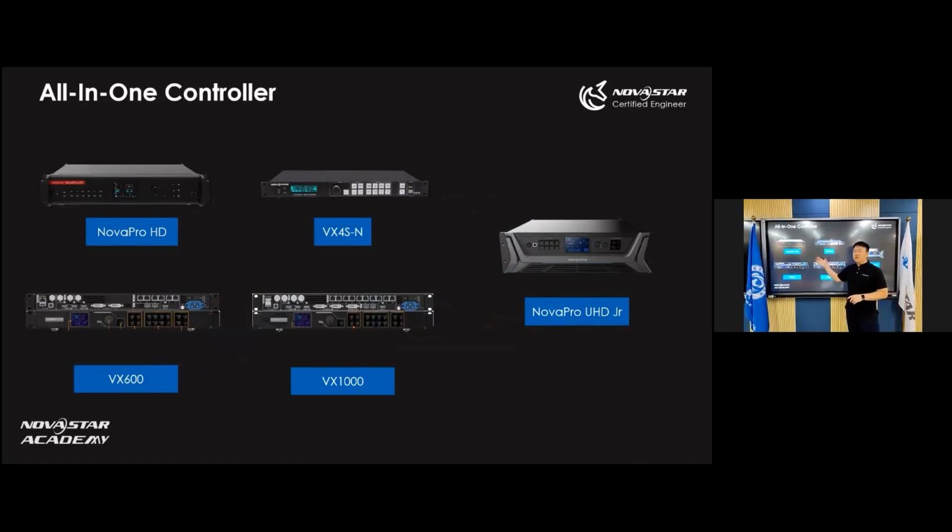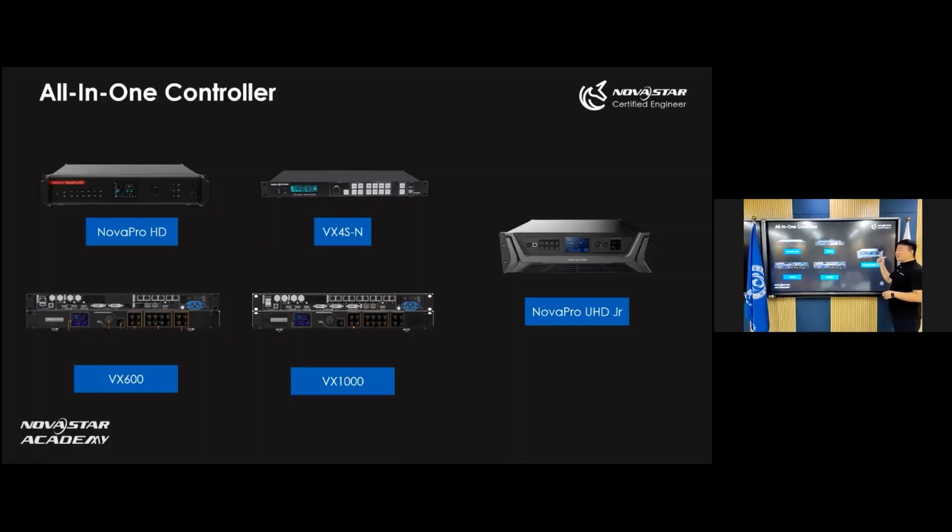It supports 2.3 megapixels with four output ports, and it also has a DMX port and supports web page control, which is useful for some rental projects. The VX4S also has four output ports, but without web page control and without the DMX interface. And recently we released the VX600 and VX1000, which we will talk about in detail later.